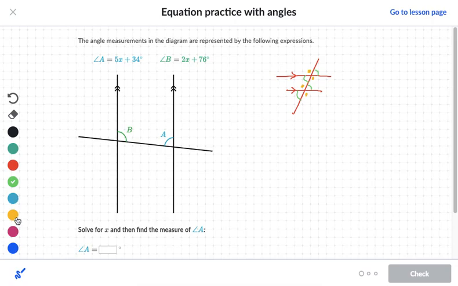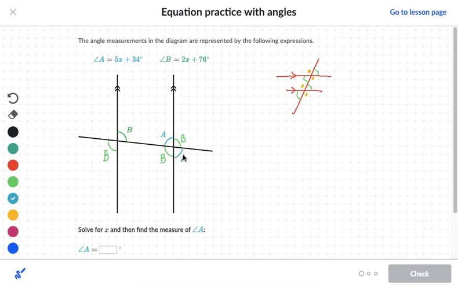If we apply this to the questions we have here, we see two parallel lines cut by a transversal. First, we know that this angle B here is congruent to this angle B here. If we bring it across to here, the corresponding angle is also congruent to angle B, and this corresponding angle here is also congruent to angle B. Likewise, we look at angle A, vertical right here.